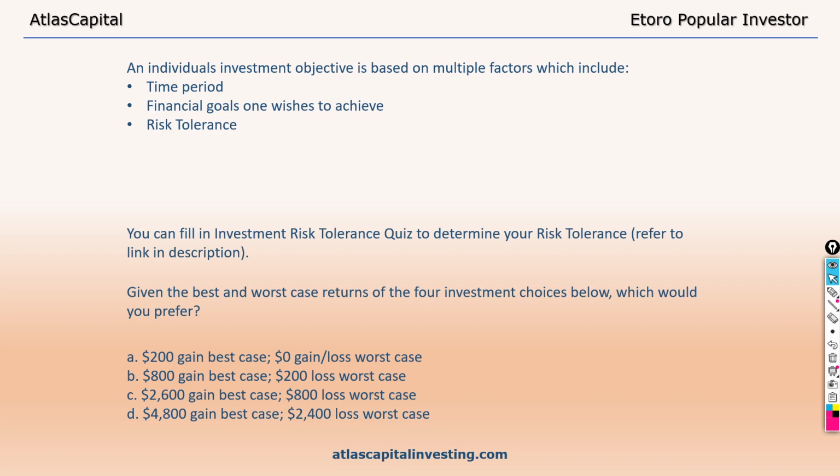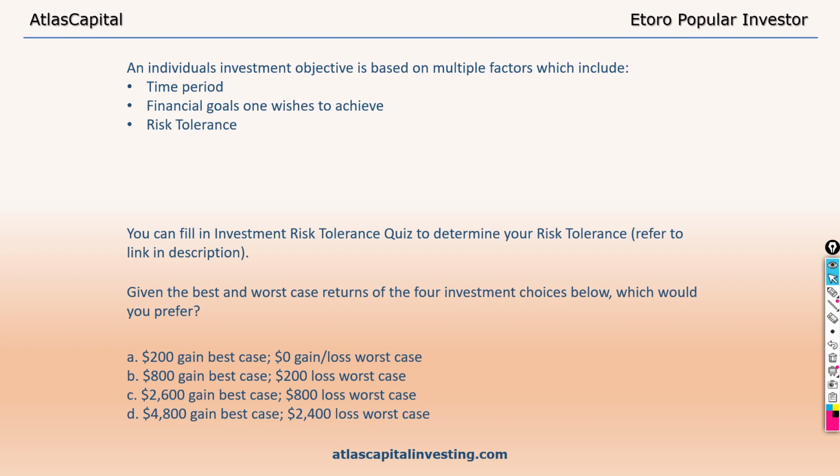So if you are thinking about using dollar cost averaging, first of all you need to determine your investment objectives, because how successful you are going to be with dollar cost averaging usually depends on them.